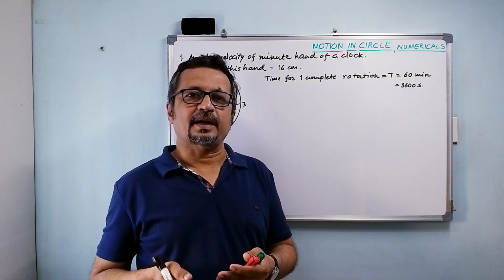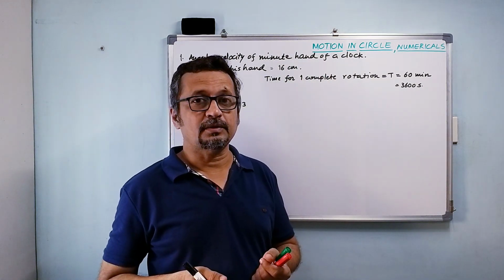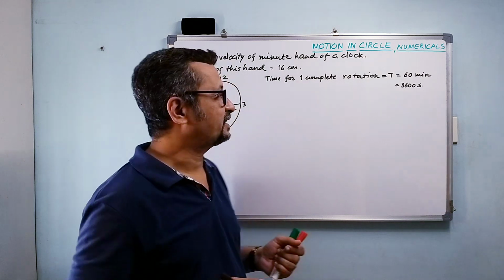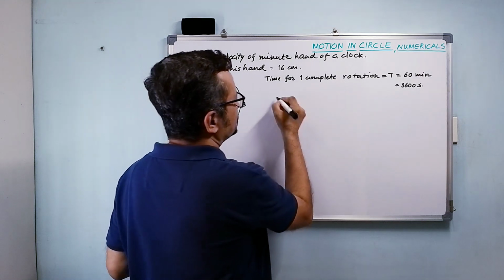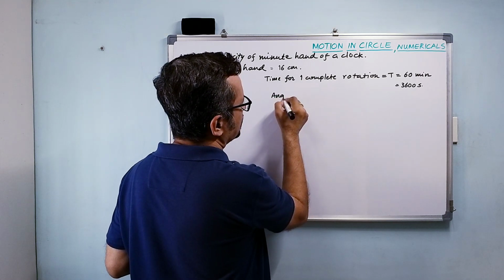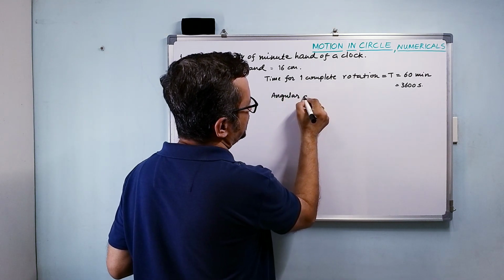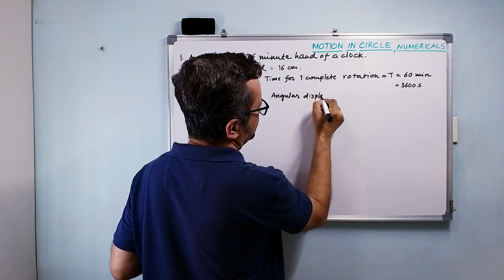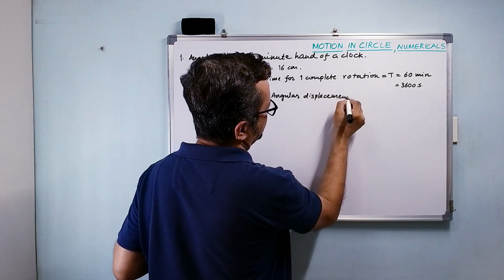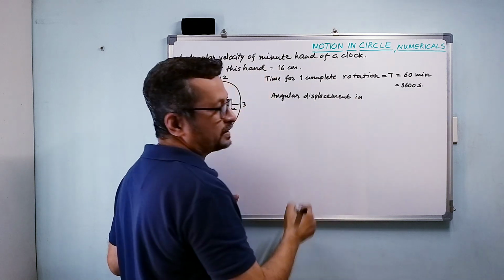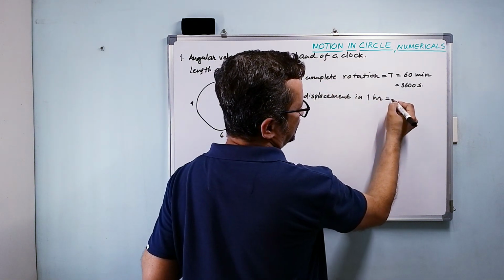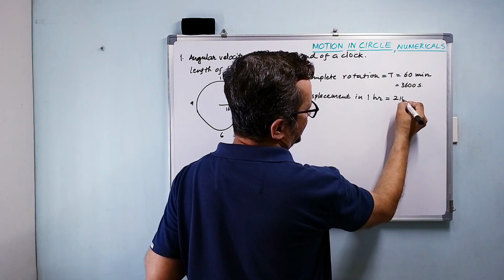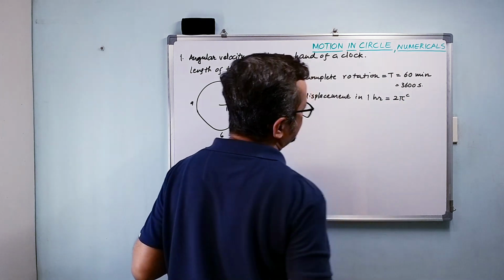What's the angle described? Angle described is equal to 360 degrees, and 360 degrees is 2 pi radian. So the angular displacement in 1 hour, or in that much time, is equal to 2 pi radian.